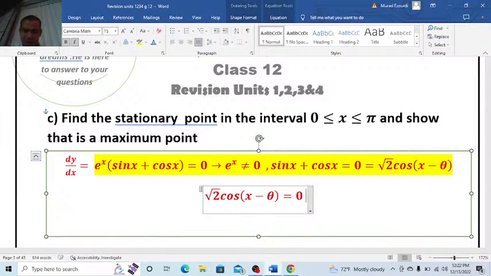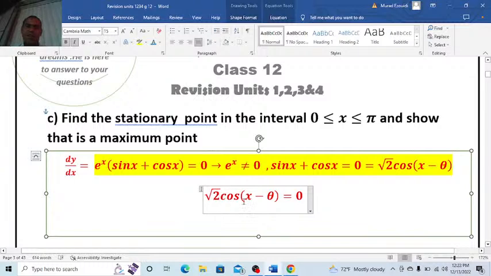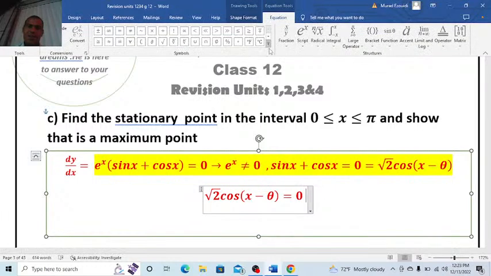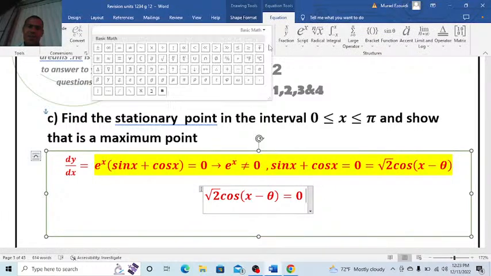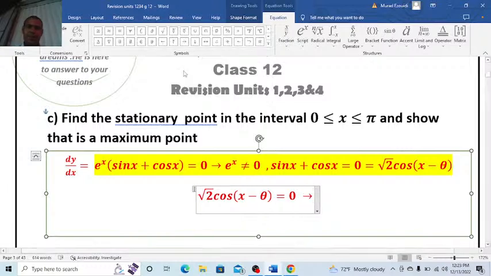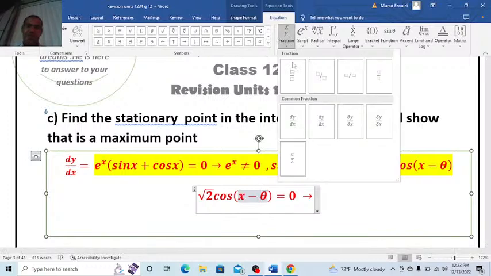You can divide both sides by the square root of 2, it will be 0. Therefore x minus theta, here theta is in fact pi over 4.